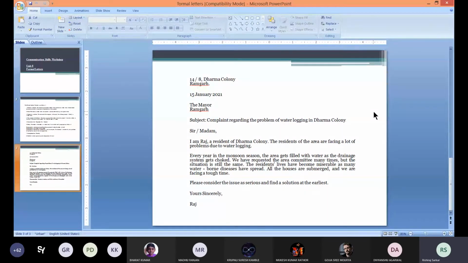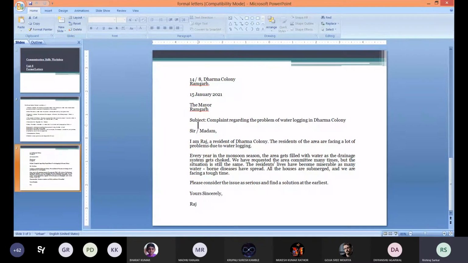Okay. So see here, though he has not written the name, there is the address of the sender, space, the date, then the designation and address of the receiver, space, subject: complaint regarding the problem of waterlogging in Dharma colony.